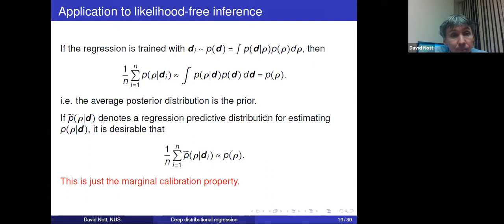Okay, so let me elaborate a bit more on this. In our regression, we trained it with data that was basically sampled from the prior predictive.